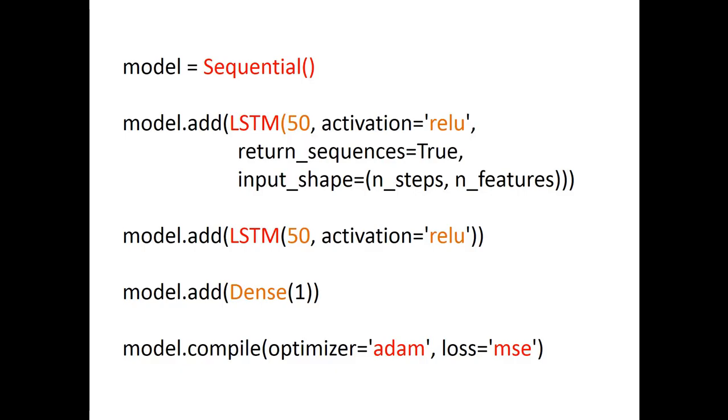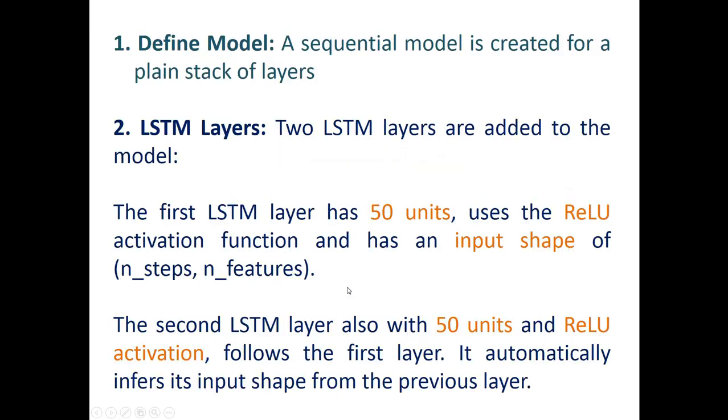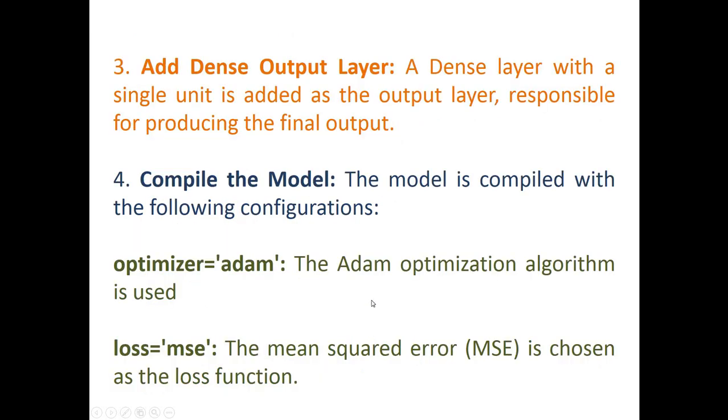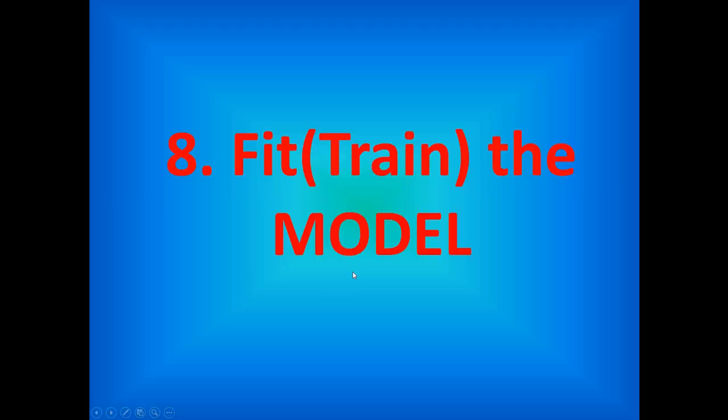While building the model, you know that this is a sequential model, which we explained in the last video also. All these commands are required there, and you also have 50 units, that is 50 neurons. In this particular case there are 2 LSTM layers, one after another. Then you are adding a dense output layer. These things were also explained in the last video.